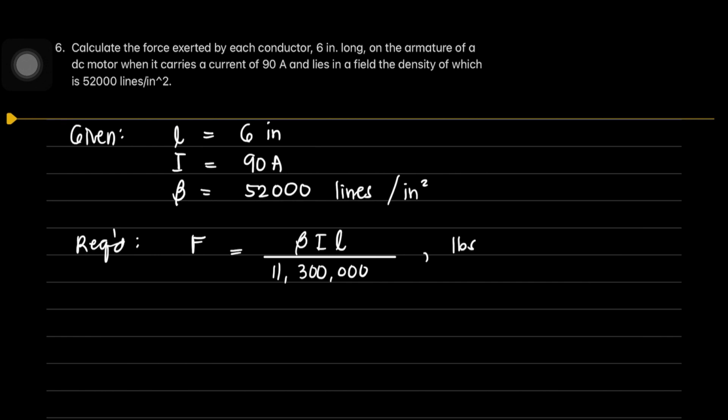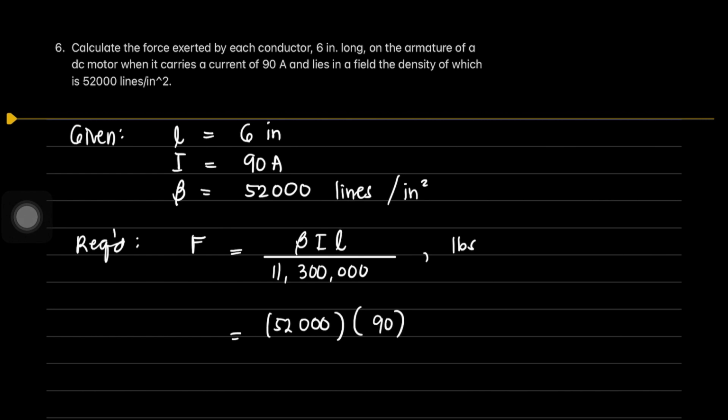So if we substitute the given parameters here, we would have 52,000 lines per square inch multiplied by the current, which is 90 amperes, and then the length, which is 6 inches, all over 11,300,000.